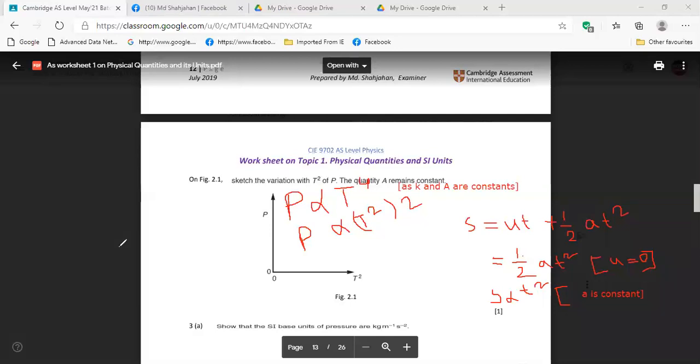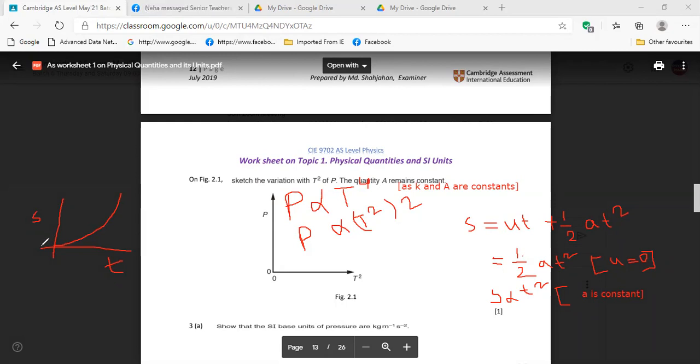Can you remember? The shape of the graph is like this: a curved line with increasing gradient. Can you remember this? Yes, sir.